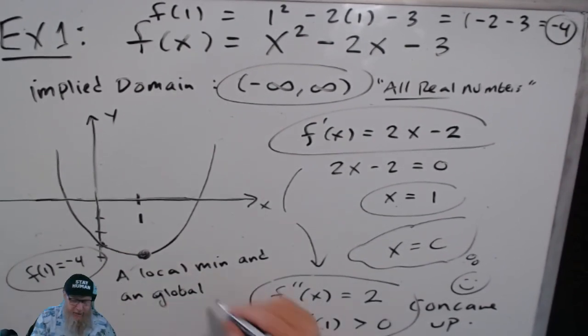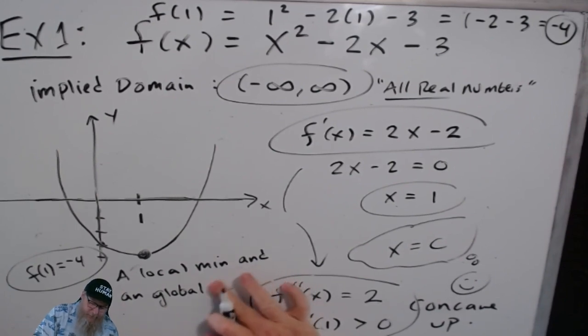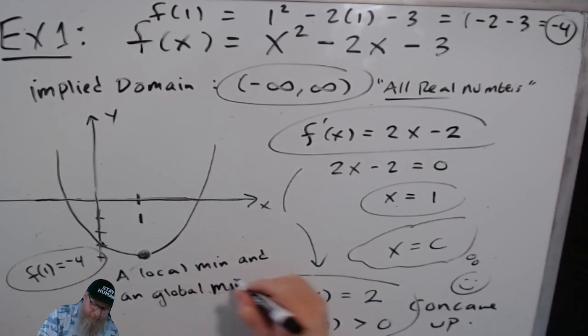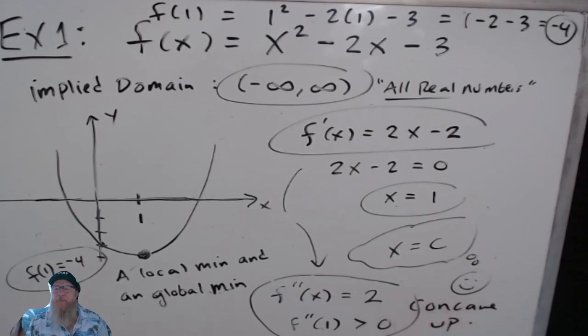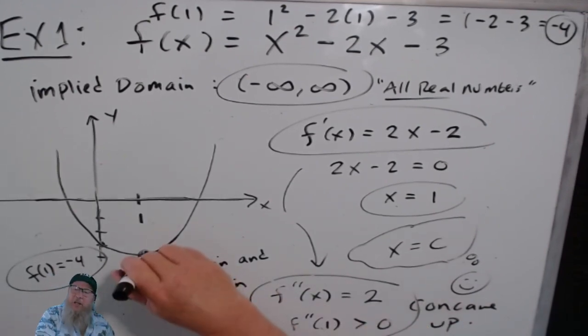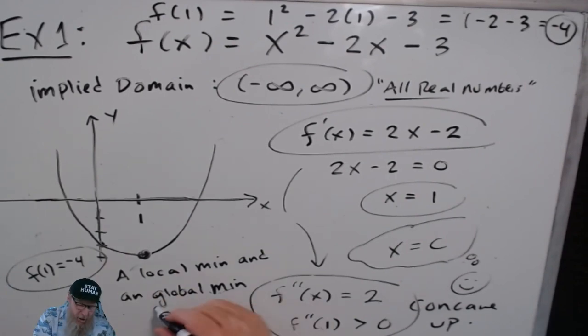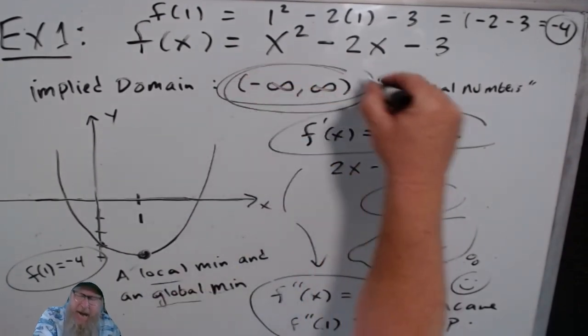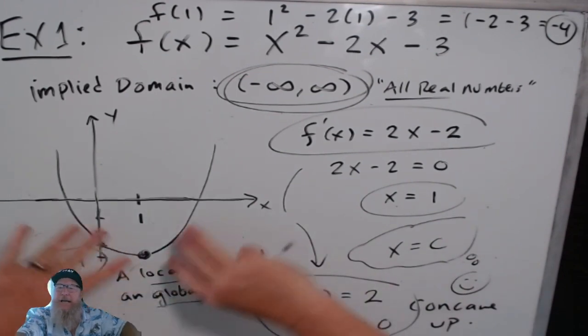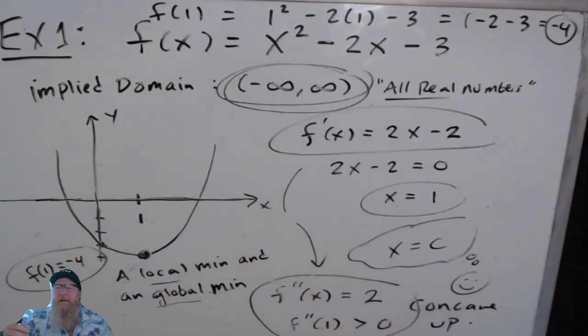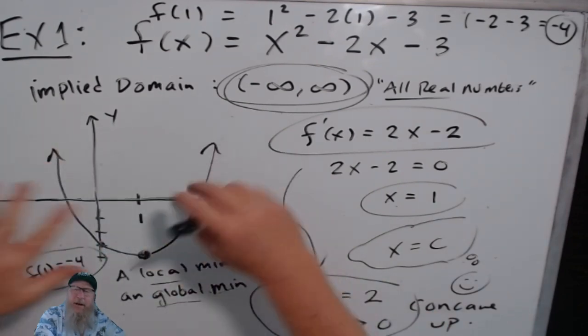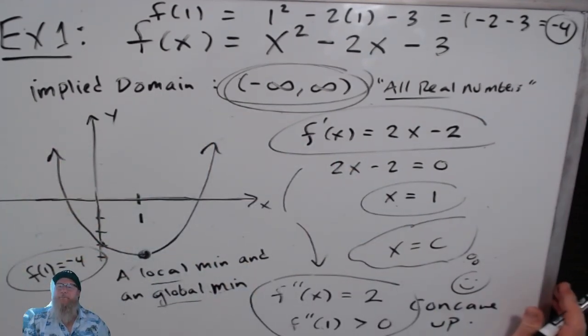I use those words interchangeably. It is both locally the lowest point on the graph and globally, because in this domain, negative infinity to infinity, no point is going to be lower than this point. Because this parabola just keeps going up and up and up.